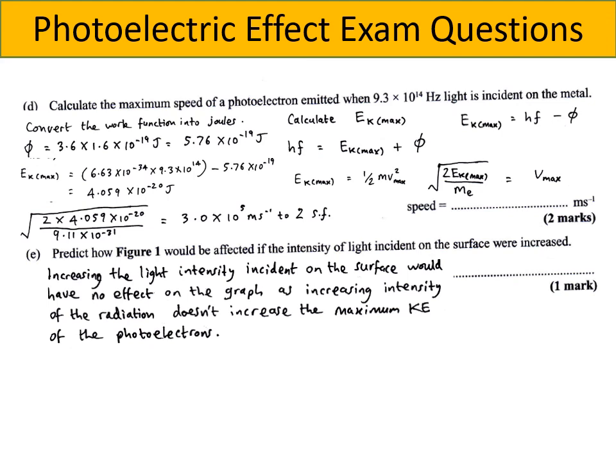Okay, so remember, instead, more photoelectrons are actually emitted, as the greater intensity doesn't mean more energetic photons. So electrons cannot have more energy. All right, and that concludes this particular lesson on practice questions on the photoelectric effect.